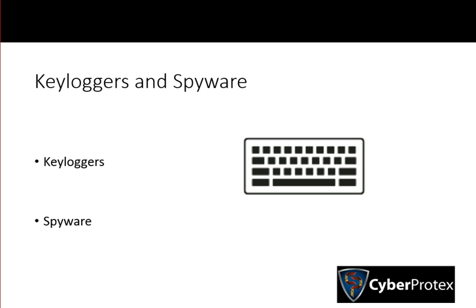Anybody familiar with that terminology? All right, so I think everybody's pretty familiar. We're just talking about a piece of code that operates. It may give you some functionality of some kind. You think it's useful, but there's actually something else going on in the background to gain information about you and your activities on your system. Next.